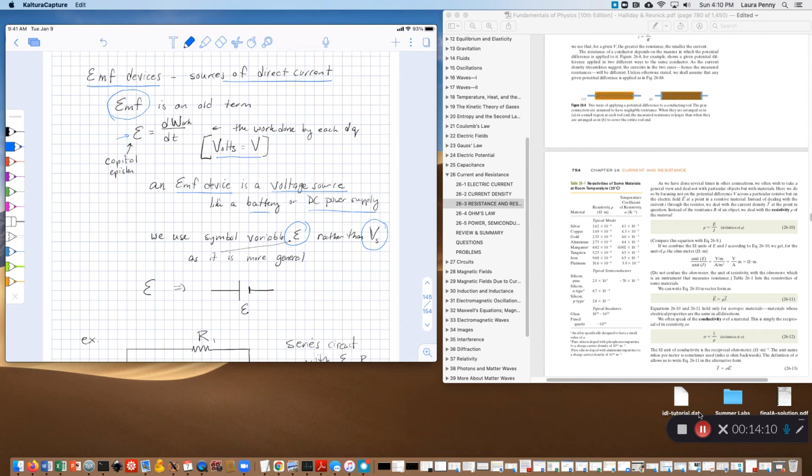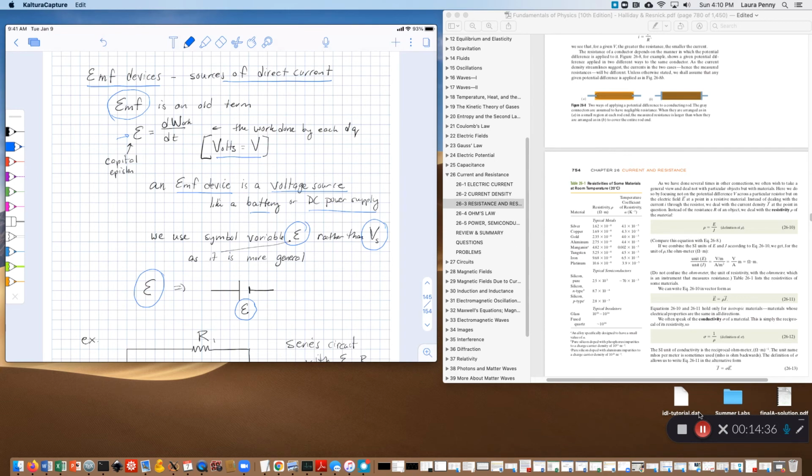It turns out things like magnetic fields themselves can produce an EMF. They can produce a voltage source. And so rather than writing it as a VS, we're going to use the more general symbol, which is EMF. So I'm going to have an epsilon next to my batteries and DC power supplies instead of V's during our class periods.